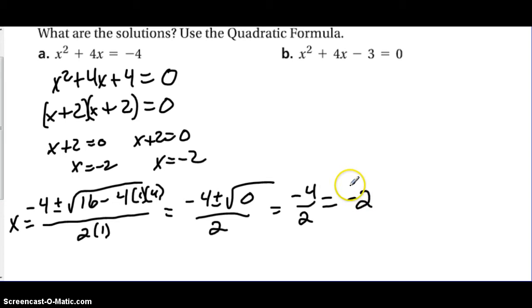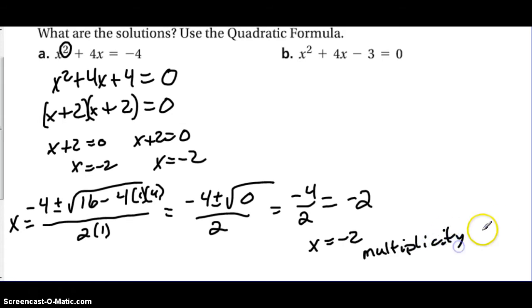But Mr. Bova, you said that our degree represents the number of solutions. It does. You're going to have x equals negative 2 twice, and we call this a multiplicity of 2.